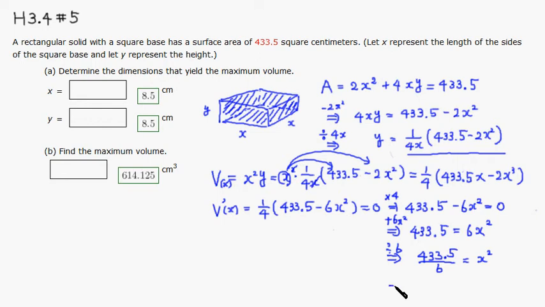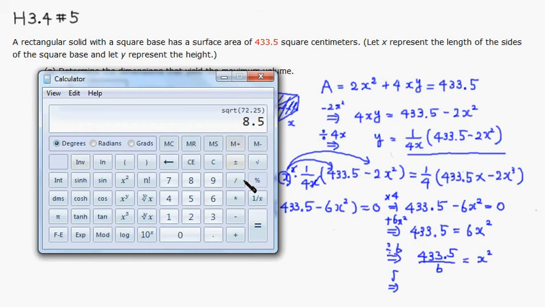Then we're going to take the square root of both sides. I'm going to cheat a little bit. Let's take 433.5 and divide by 6. You get that. Then I'll take the square root of that. It's 8.5.